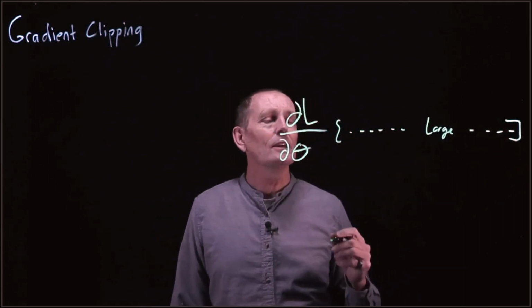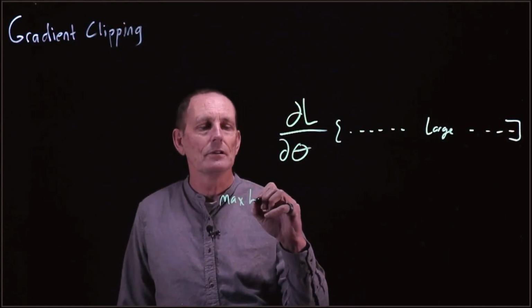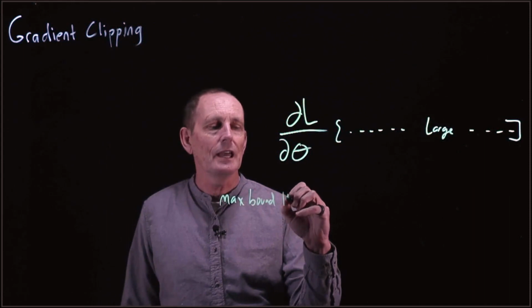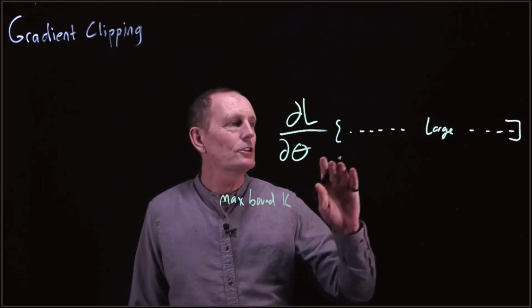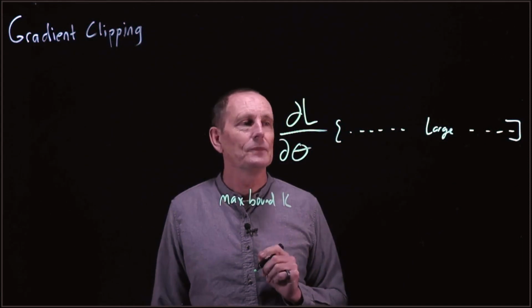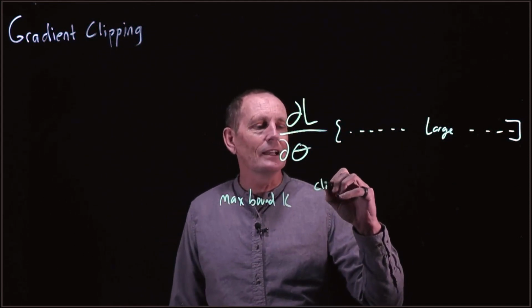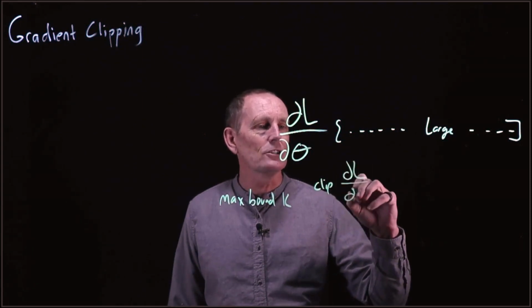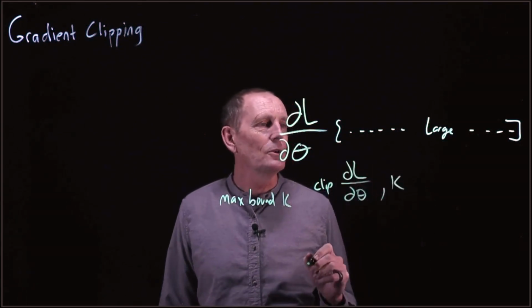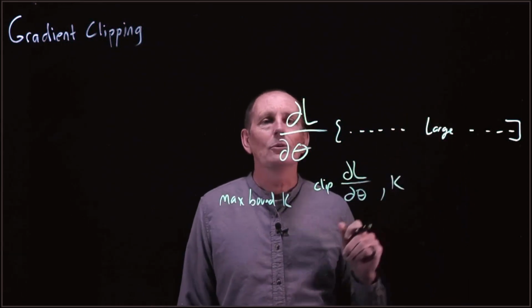We can set some maximum bound k, and ensure that none of the values in here are greater than k. So we'll clip partial L partial theta with k. That is, any values larger than k will get set to k.